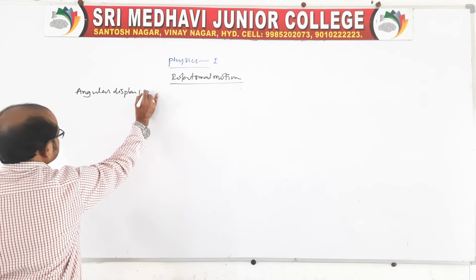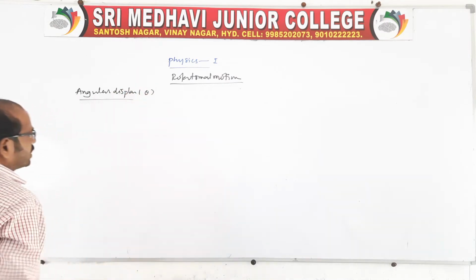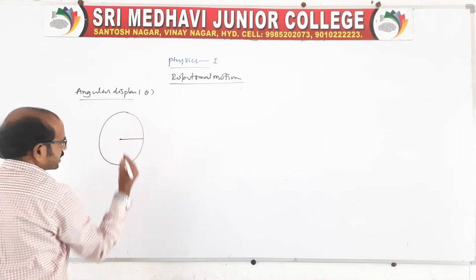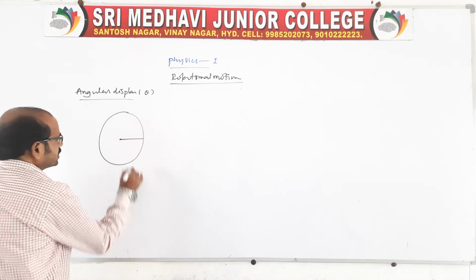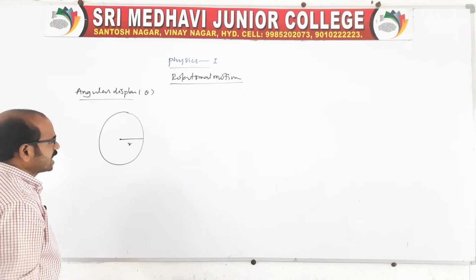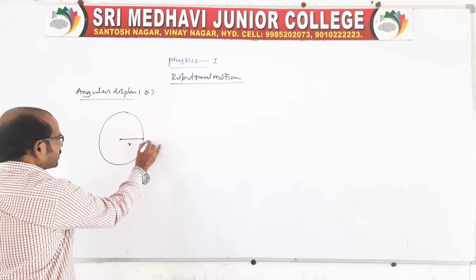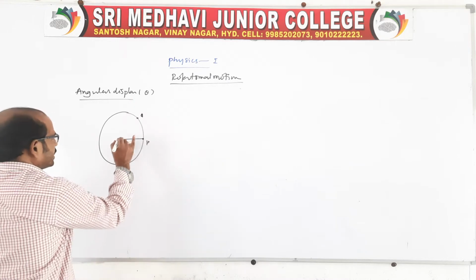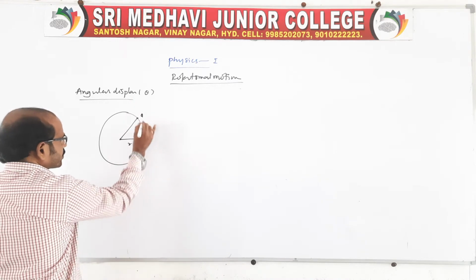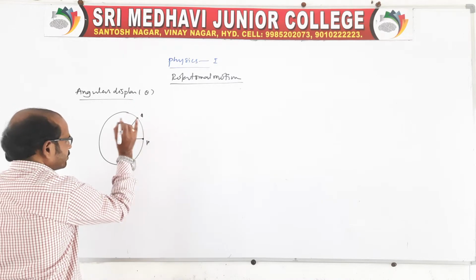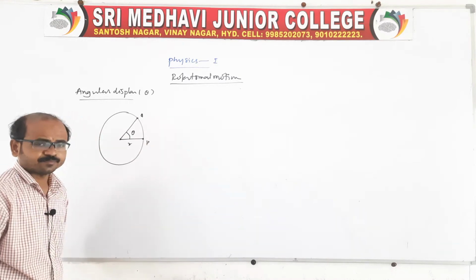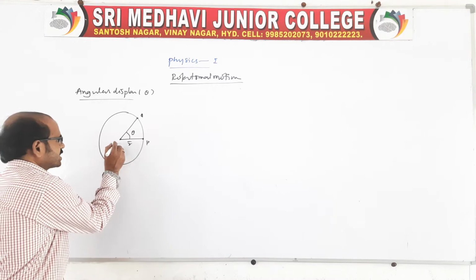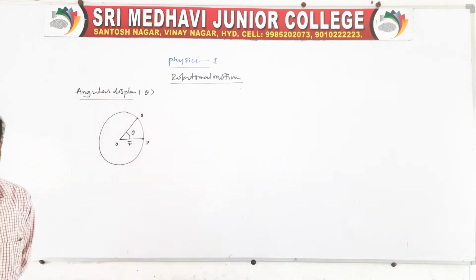We know displacement in linear motion; here it is indicated as theta. Suppose a particle is revolving in a circular orbit, and the radius of the circle is r. If the particle moves from P to Q, the angle subtended by the radius vector at the center is nothing but the angular displacement.